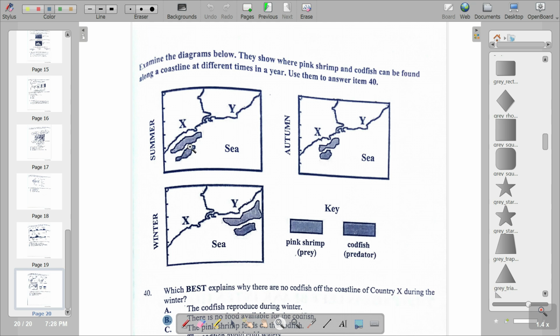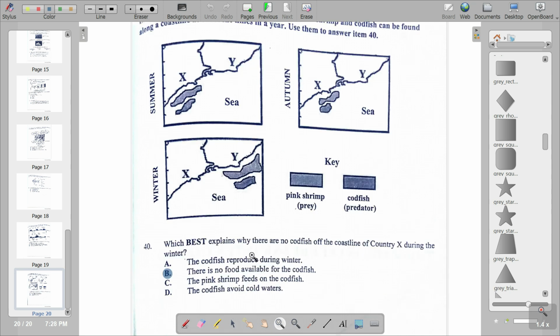In the summer, you see the pink shrimp here and the codfish there. In autumn, the pink shrimp are here, the codfish are here. In the winter, the pink shrimp are here, the codfish are here.